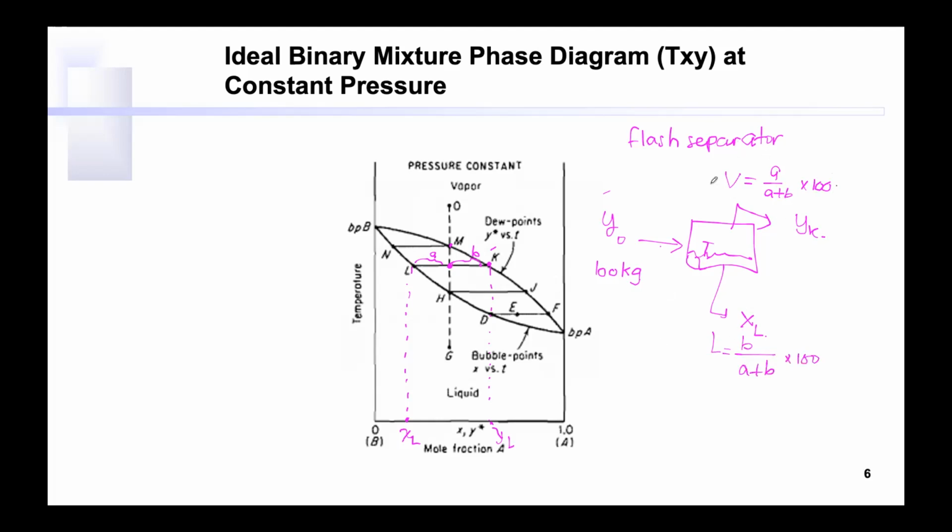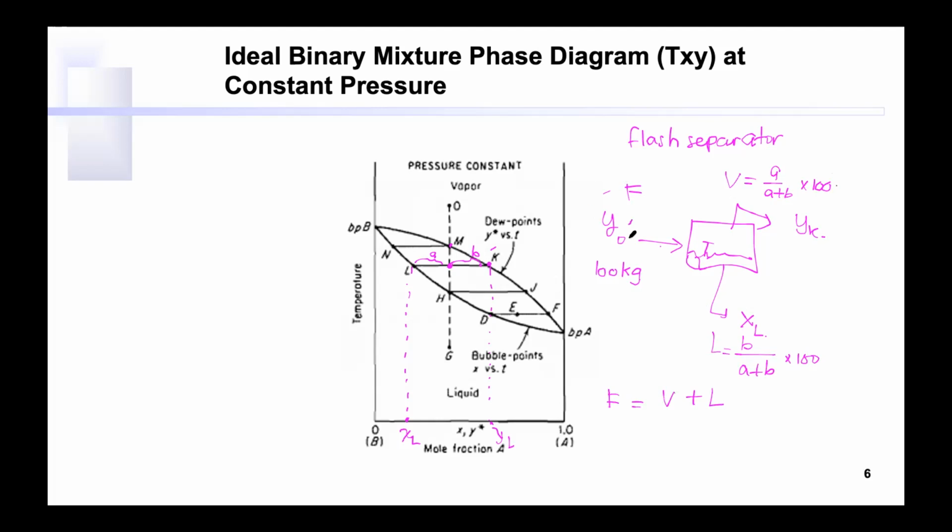So the mass balance, if we call this the feed, we know that F equals V plus L. Then the second one is the component balance.